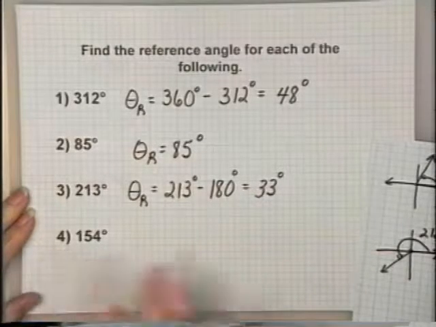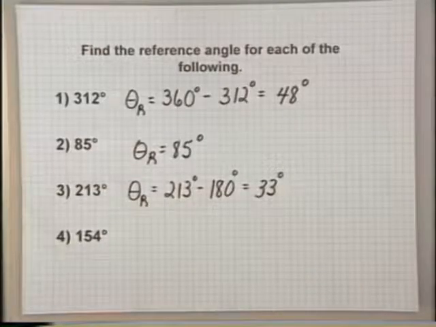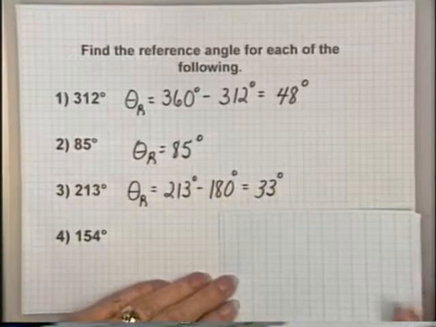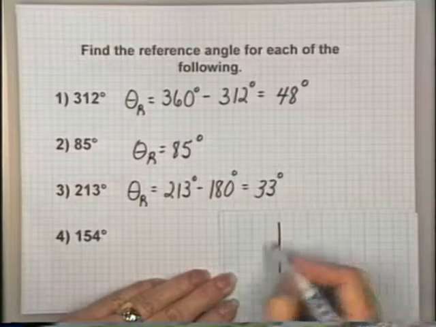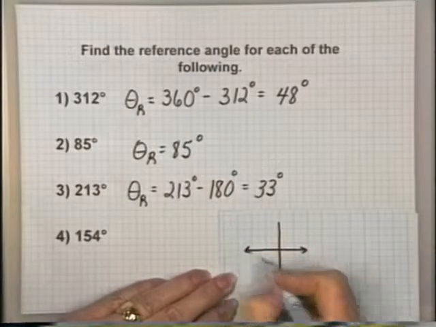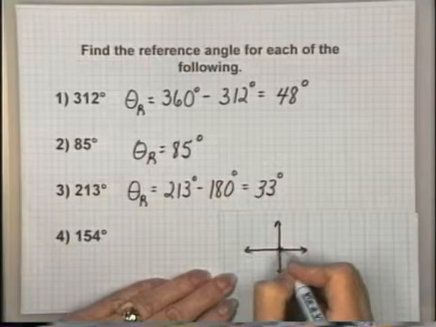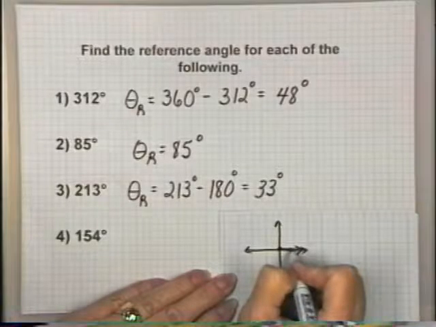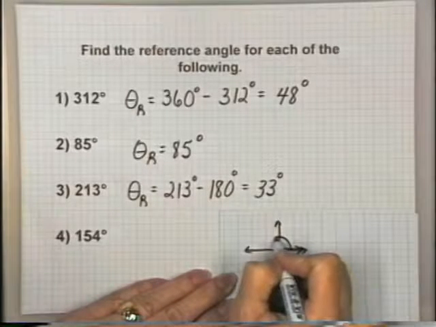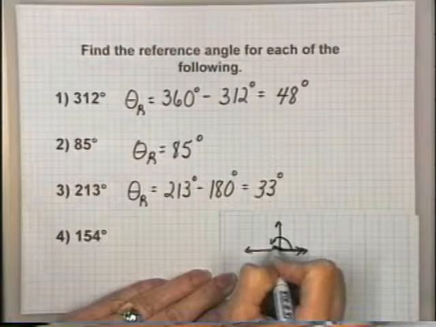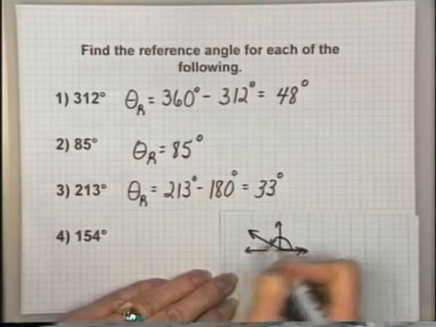The last one we'll look at is 154 degrees. If we draw a sketch, we know 90 will be somewhere in that second quadrant because it's between 90 and 180.